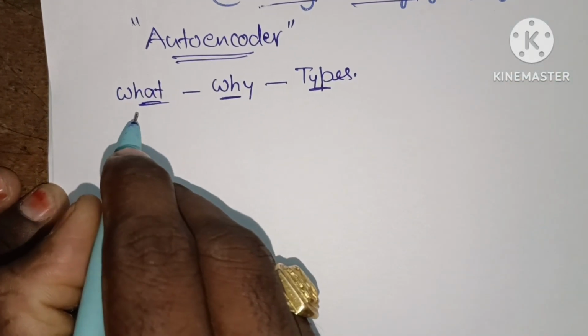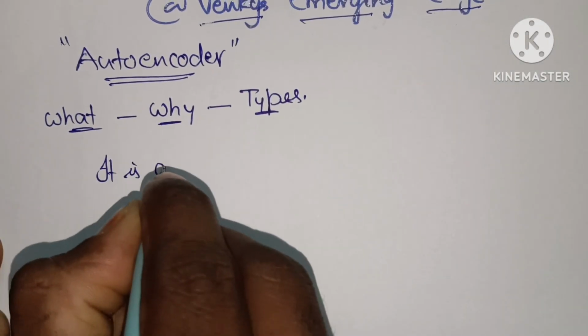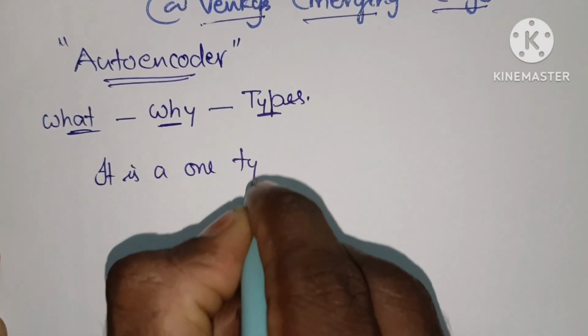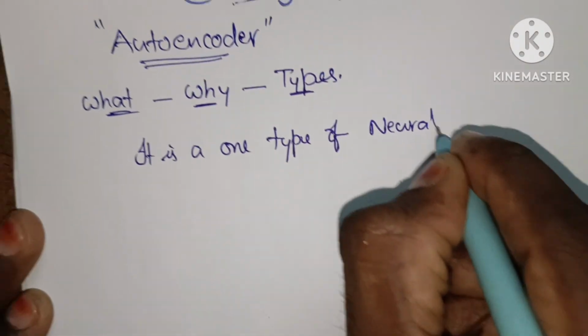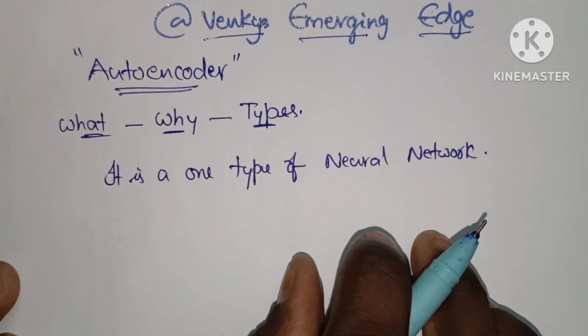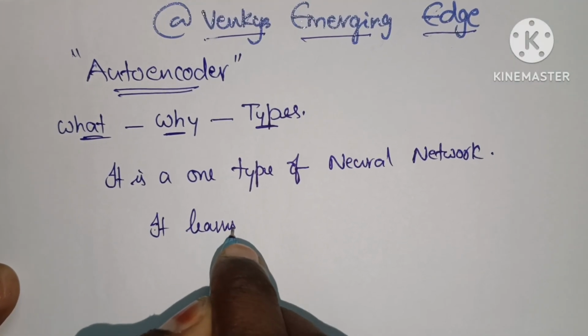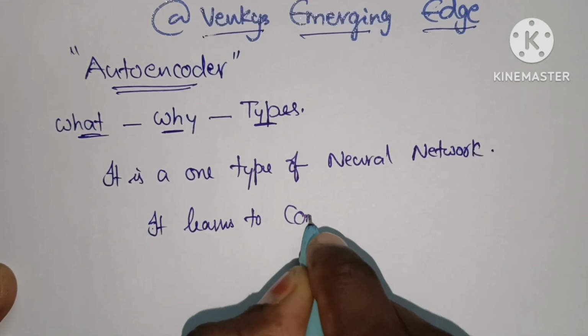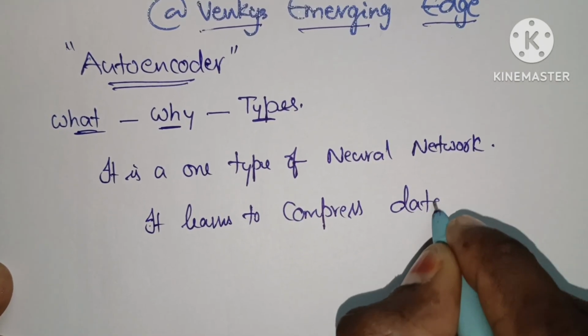Okay, first of all, what is an autoencoder? It is one type of neural network. It learns to compress the data.